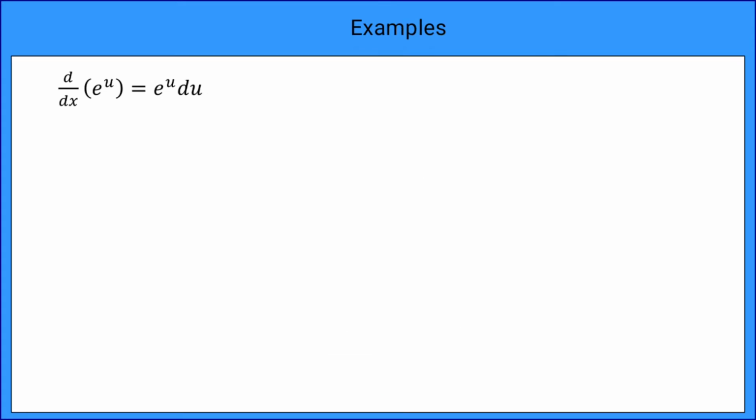Let us now move forward to our second example. Again, we're going to use the rule e raised to u du. I have here the given: find the derivative of the function e raised to sine x plus x to the fourth power. It's simple, because our u is sine x plus x to the fourth power, and we just get the derivative of this. You already know from the derivative of a trigonometric function that the derivative of sine x is cosine x.